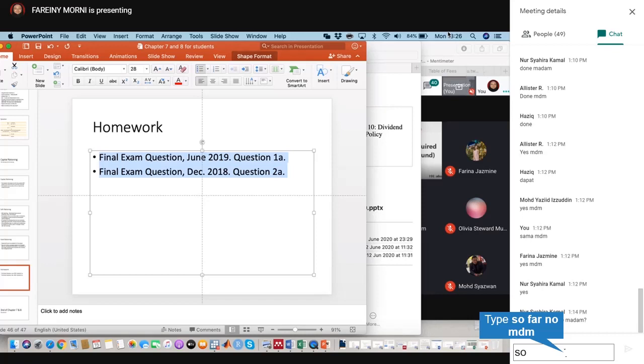So what is an efficient market? Random walk theory. Random walk suggests that the stock prices, harganya tak dapat diramal. It's random. It follows a random walk. So we do not know whether it's going to go up or it's going to go down. In short, this is the idea that stocks take a random and unpredictable path. For example, like COVID-19. We didn't know that COVID-19 was going to happen.